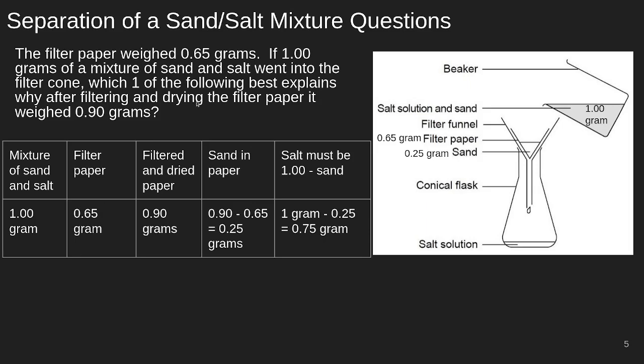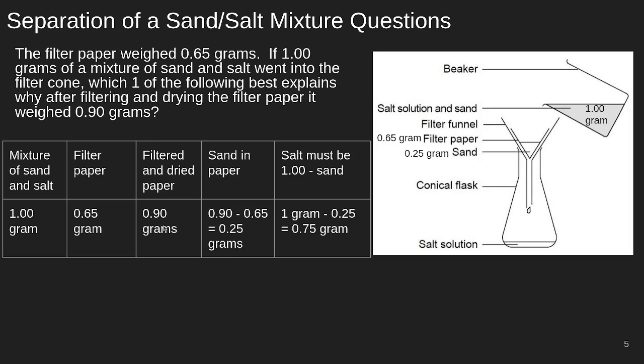Then the dried filter paper after filtering was 0.9. This question asks which of the following best explained why, and the answer is because 0.25 grams of sand was caught up in there. So 0.65 dry paper plus 0.25 grams equals 0.9 gram of the filtered and dried paper with the sand in it.